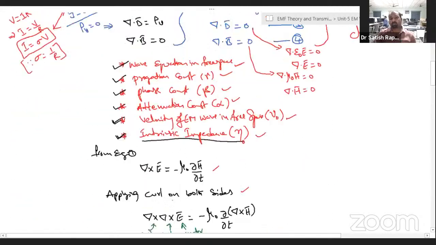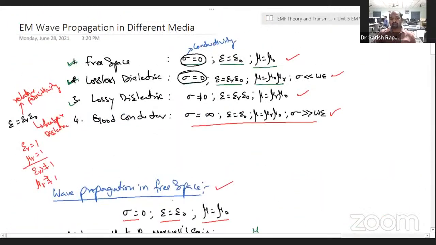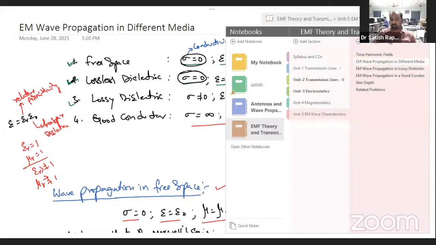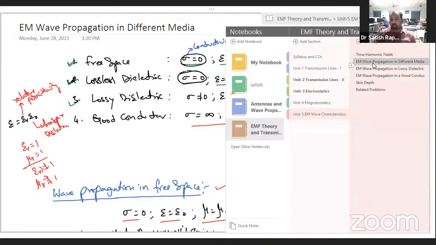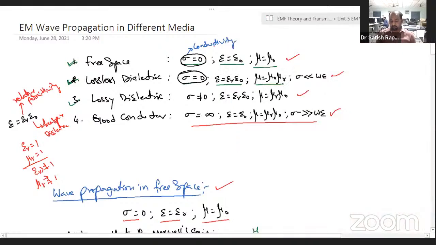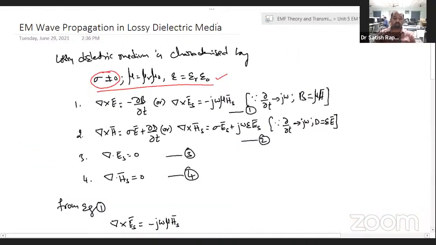Once wave propagation in free space is clear, wave propagation in the remaining media is also the same, because we will follow the same procedure for all. Coming to the next topic, lossy dielectric media. Lossy dielectric media is characterized like this: sigma not equal to 0.